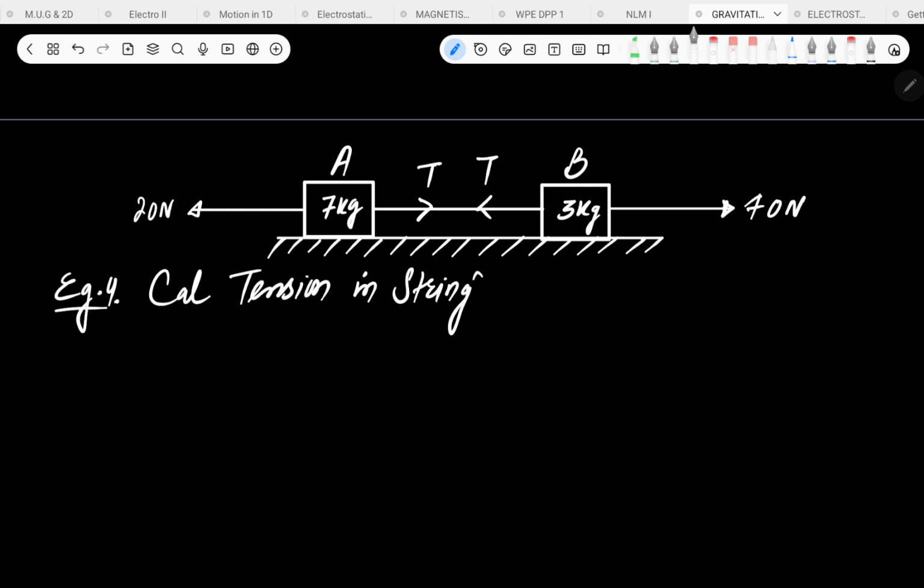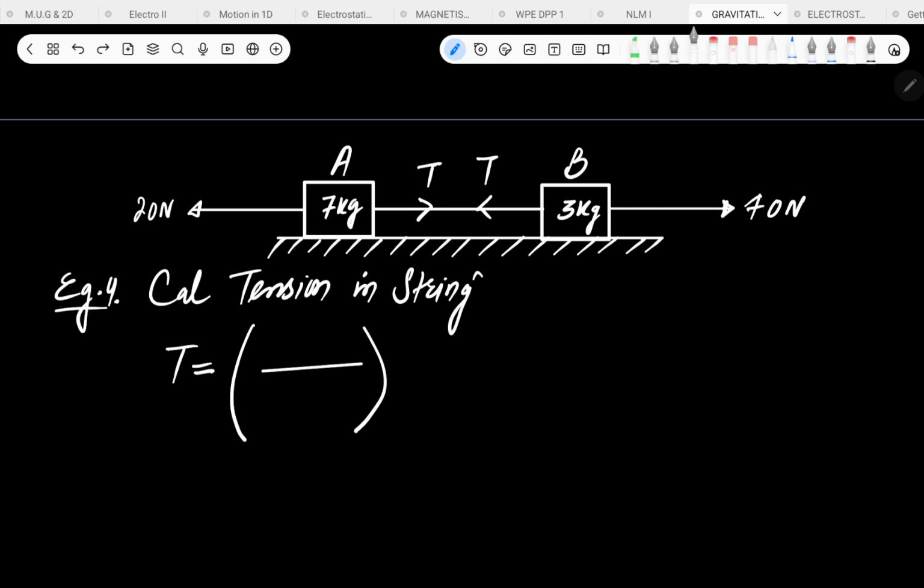Okay, now how many forces are there? There are two forces. Will that trick still work? Yes, of course, that will still work. But you will have to take care of one thing, that is there are two external forces. Okay, so let me write down that the tension is equal to mass away divided by total mass into external force.